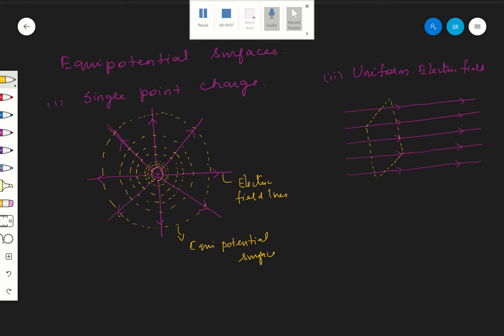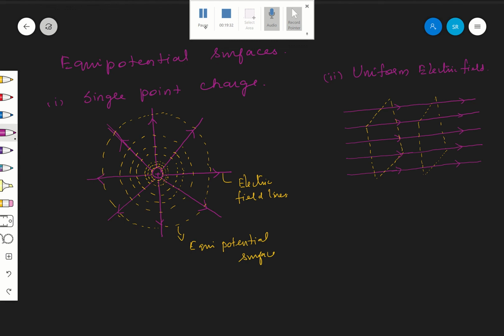Then the other one, like that it will go. This is the other equipotential surface. Like that it will go.